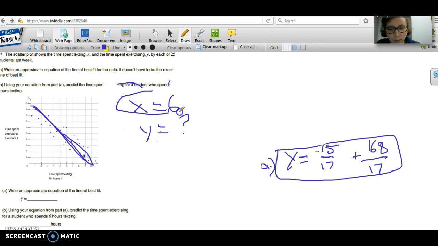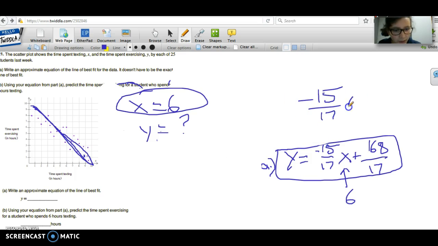We plug x equals 6 into our equation from A to find y. So when x equals 6, we do negative 15 over 17 times 6 plus 168 over 17, and that is equal to y.